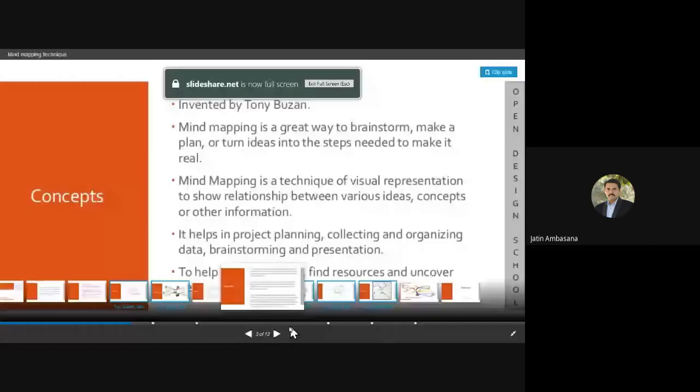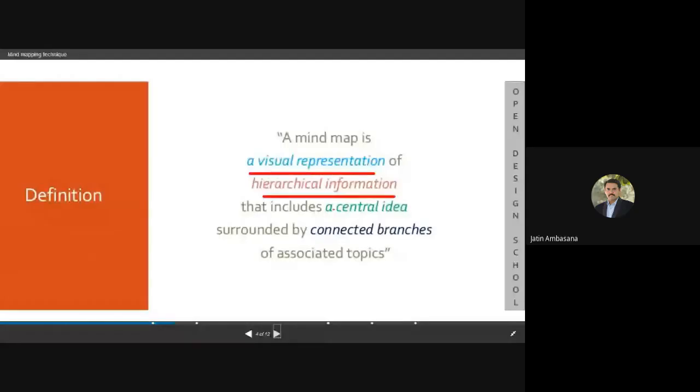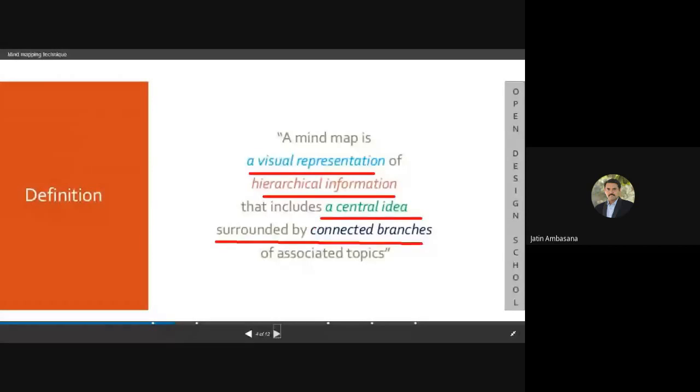If you go with the definition, then a mind map is nothing but a visual representation of hierarchical information that includes central data surrounded by connected branches of associated topics. So there is a central idea around which there is a kind of hierarchical information, right?